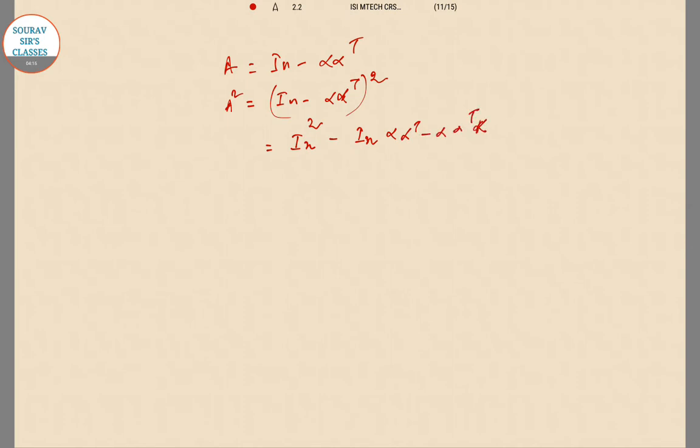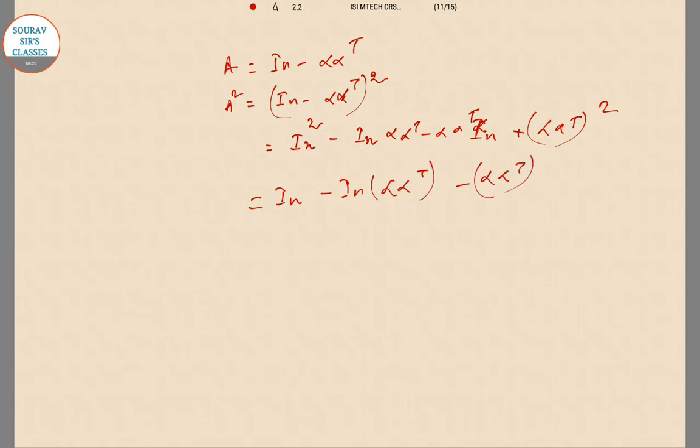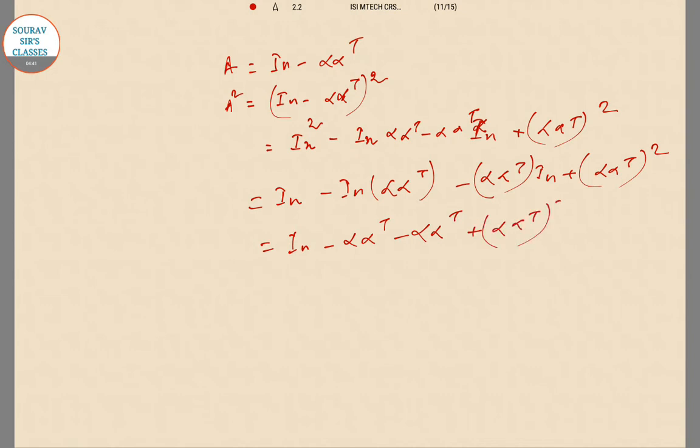So obviously it is I_n minus alpha alpha^t minus alpha alpha^t I_n, and in this part it will be the normal square. So finally I_n minus 2 alpha alpha^t plus (alpha alpha^t) square.